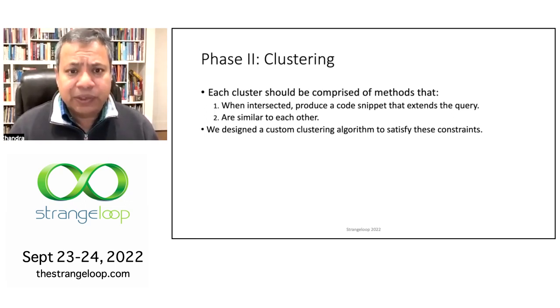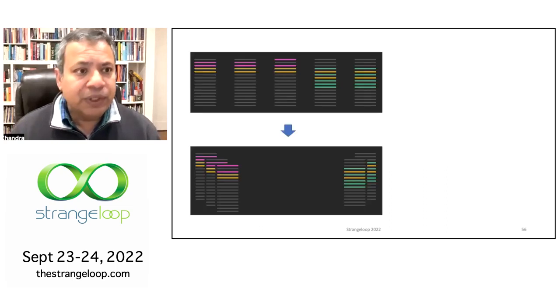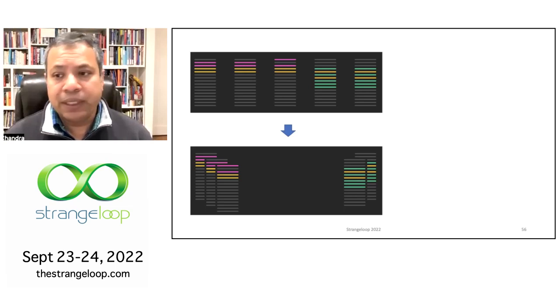The idea is eventually you want to get a representative recommendation from each cluster. To carry all of this out, we designed a custom clustering algorithm. Again, we cannot really cover the details in this talk. You'll have to look at the paper, but let's look at it visually. So let's say we retrieved 5 methods that might have been similar to the query snippet that we started with.